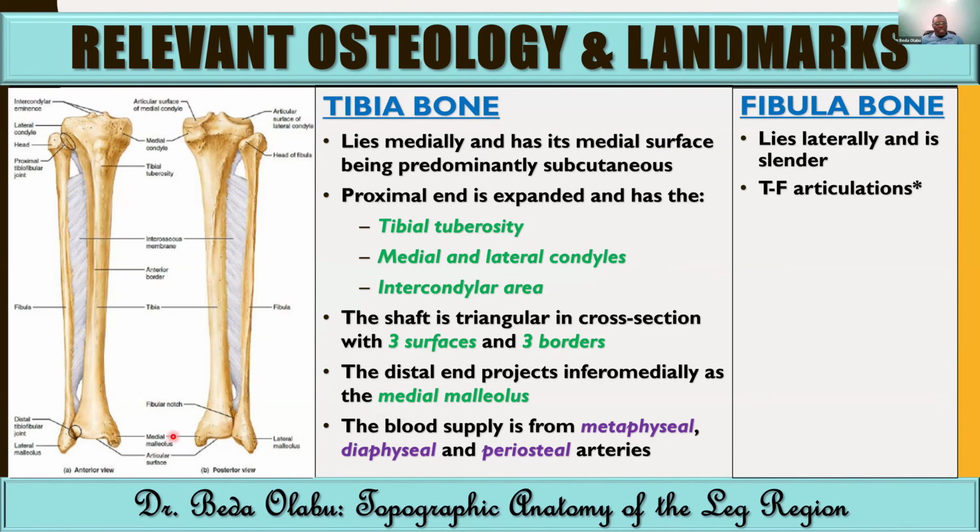The presence of that joint makes us form a very nice cave here that we call the mortise of the ankle joint. And so with this medial malleolus being present and tibial plafond being there, and this projection of the fibula called lateral malleolus, that fork-like structure is what we call the mortise of the ankle joint.